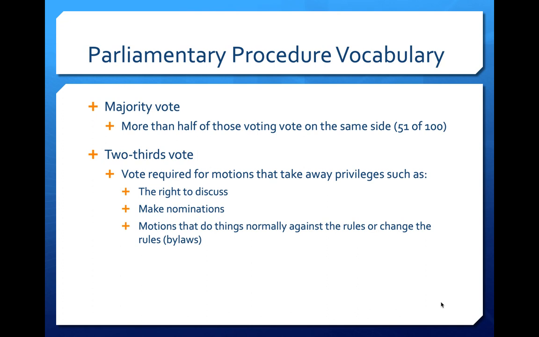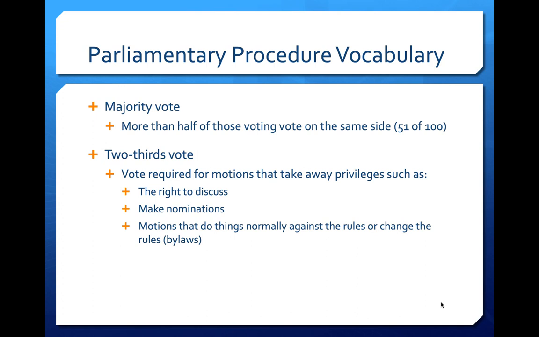The 2/3 majority that you see is often done whenever you're limiting the rights of the members. Let's say, for instance, that you have a rule sometimes that you wear official dress in a meeting, but maybe it's going to be 90 degrees outside, or maybe you're going to be outside and you're going to be getting muddy and you don't want to wear official dress. And so you're going to suspend the rules to wear official dress at a meeting.